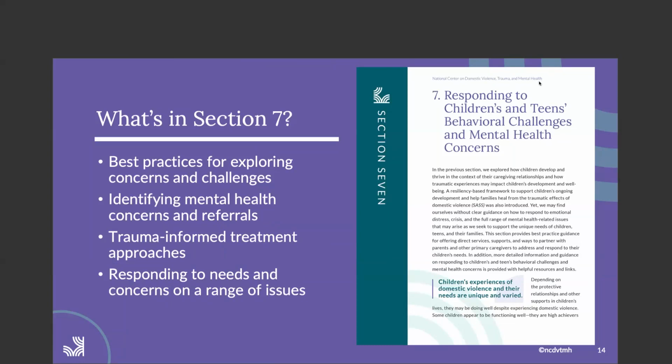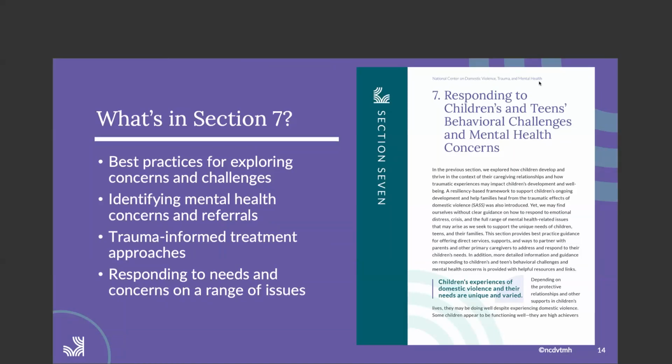So we started section 7 by really highlighting a collaborative approach to understanding how children and teens' behaviors might be related to their experiences and trauma responses. And so sometimes we might find ourselves without clear guidance on how to respond to emotional distress or crisis, or even mental health related challenges, right, that might come up with the children and families we're serving.